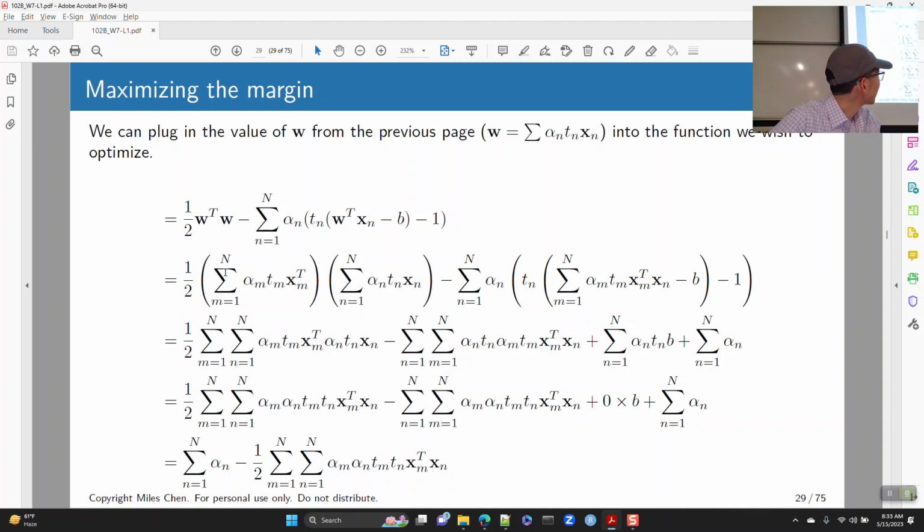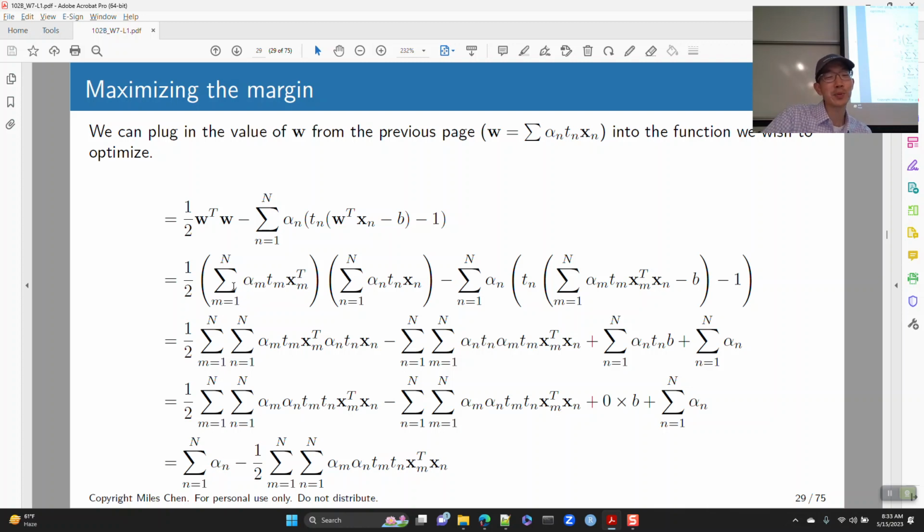This feels weird, but I'm going to have the sum over m and the sum over n, because if we treat w transpose w as the sum of a bunch of x terms, we have to take into account that x can go from, say, 1 through 3 if I have 3 points in my data set. I want to take the product of point 1 and point 1, point 1 and point 2, point 1 and point 3, then point 2 and point 1, point 2 and point 2, point 2 and point 3, and then point 3 and point 1, basically every possible product of all of these things.